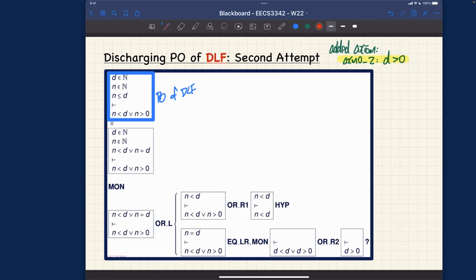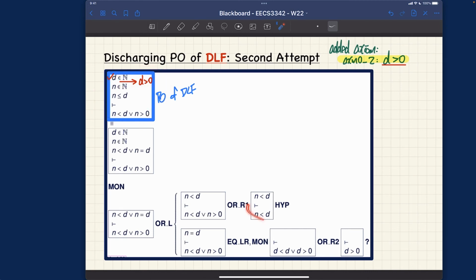And since we are adding this particular axiom, we're going to introduce it, so you can think about this going after this. Now we have two axioms: not only is d a natural number, but also d is strictly larger than 0, right? That's what we start with. That's the only change.